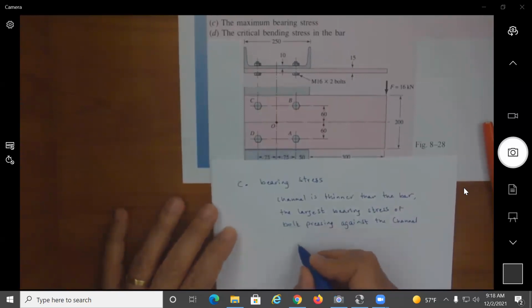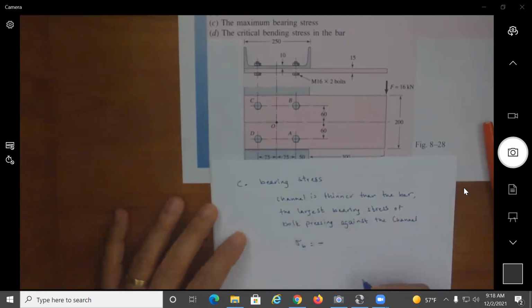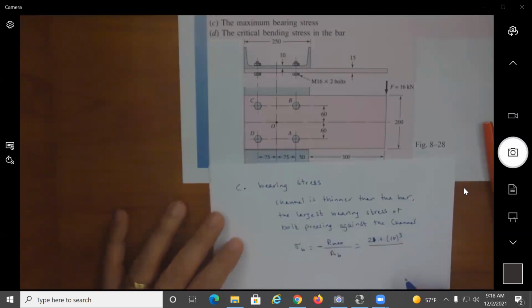So I'm going to take the sigma bearing, and we think of it as negative because it's pressing, is equal to this R max divided by the bearing area. And this maximum resultant that we found was the 21 kilonewton, divided by the bearing area. And what is the bearing area going to be equal to?